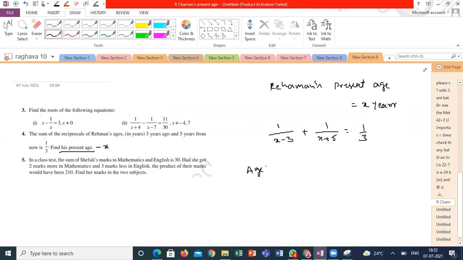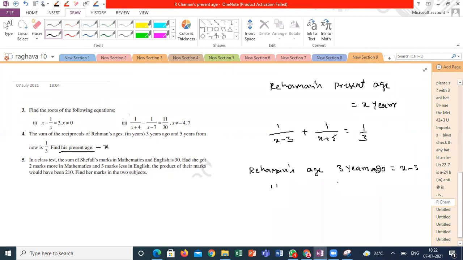You can write the steps: how you got x minus 3 and how you got x plus 5. Rahman's age 3 years ago: present is x years, 3 years ago is x minus 3.